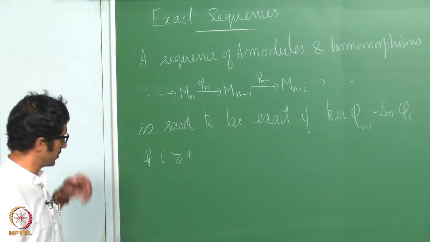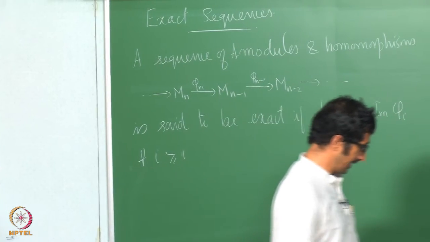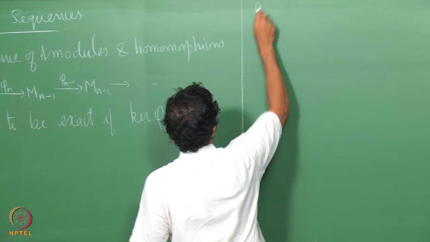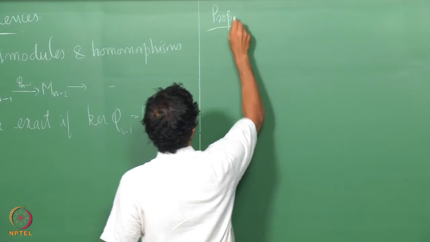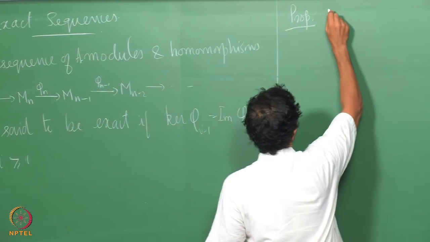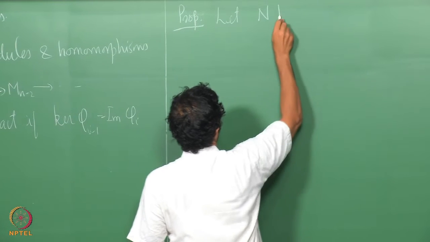Okay. We saw some examples. Let us look at some of the nice properties. So, suppose I have an exact sequence. Let N be an A module.